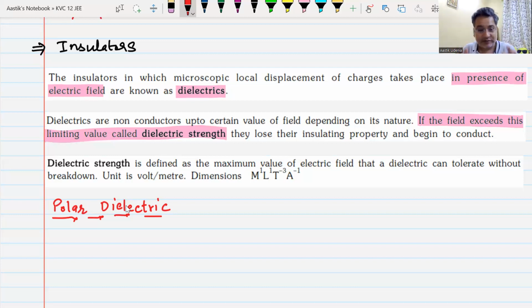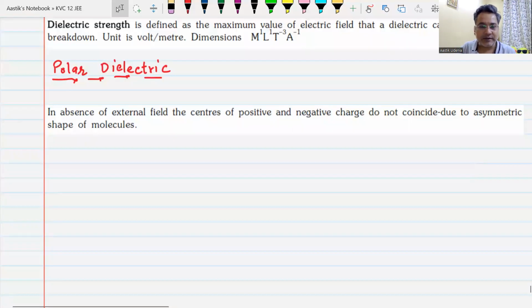Can you give me an example of a polar molecule? Water, sir. Water is the essence of life. Without water, nothing happens. Civilizations have flourished only near oceans and seas, bodies of water. A polar molecule is water. Now, what do you mean by polar?